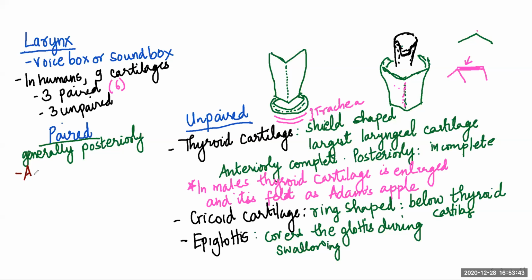One is called arytenoid cartilage, और इसको लिख देते हैं arytenoid cartilages. क्यों? क्योंकि दो होते हैं. Arytenoid cartilage is pyramidal in shape and they are present posteriorly, so they form the posterior wall of the larynx.